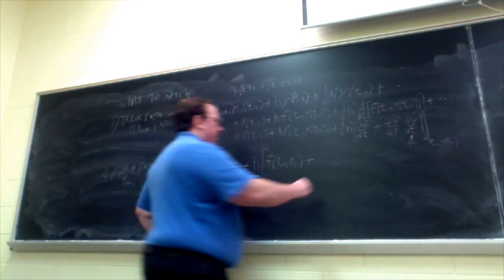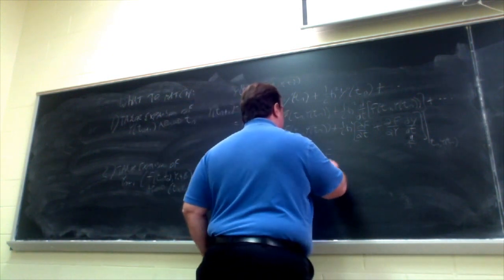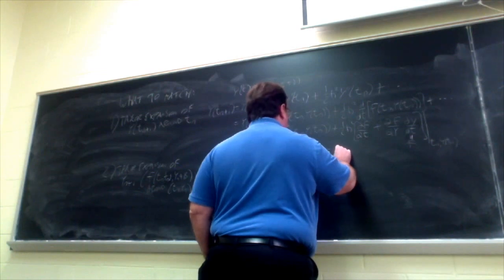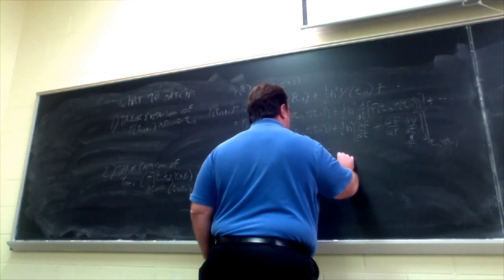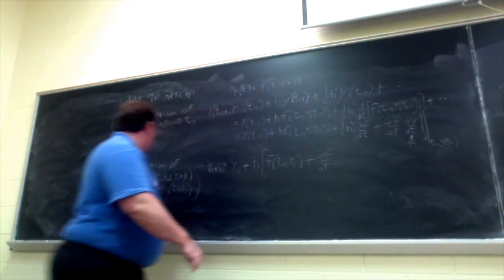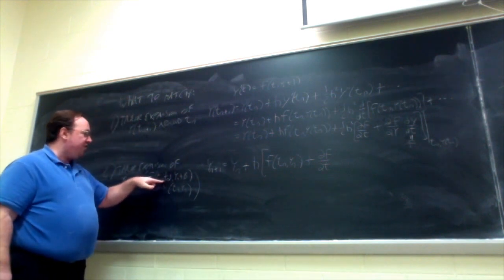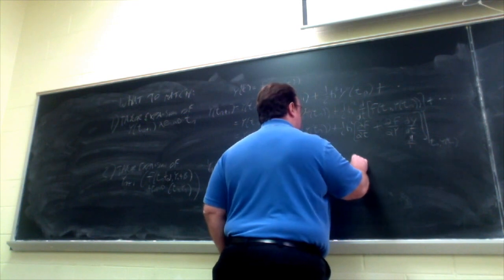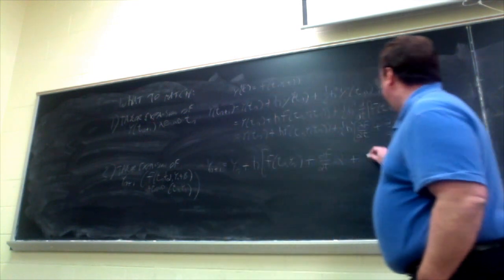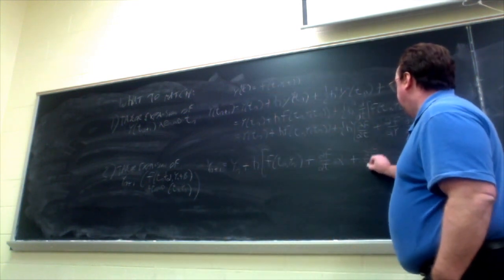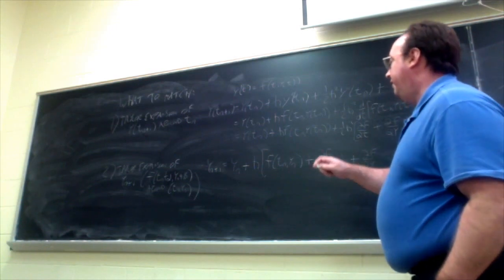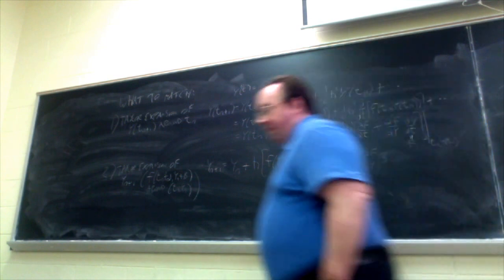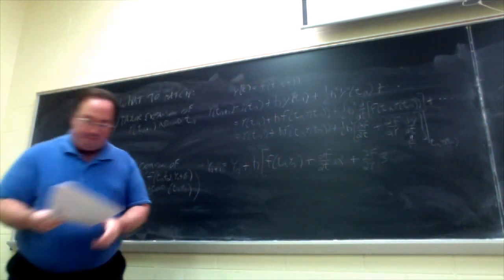So I have partial of f with respect to t evaluated at the center times the change in t, which is alpha, plus partial of f with respect to y times the change in y. So that's going to be beta.